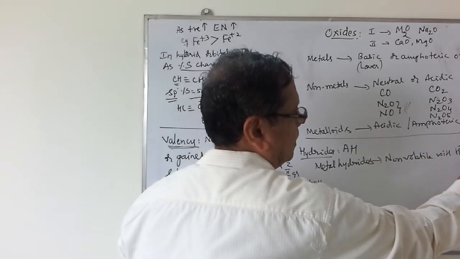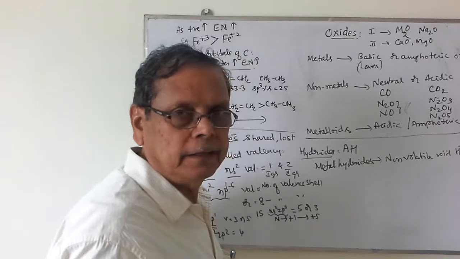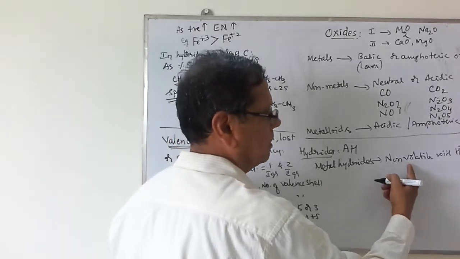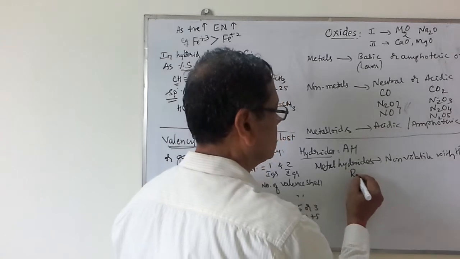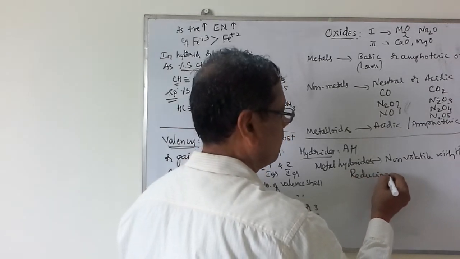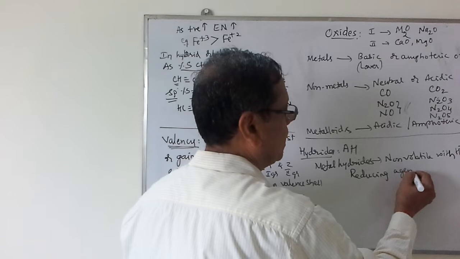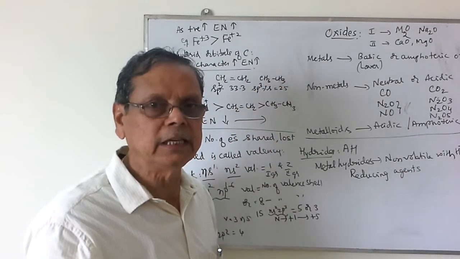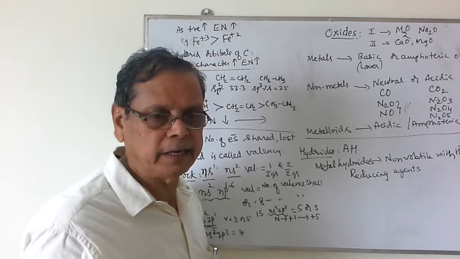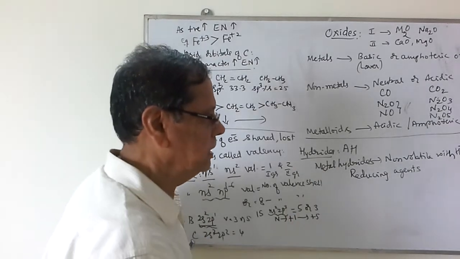This is called the hydride ion. Because of the tendency to lose the hydrogen, they behave as reducing agents. Metal hydrides are used as reducing agents. For example, sodium hydride, lithium aluminium hydride can be used as reducing agents.